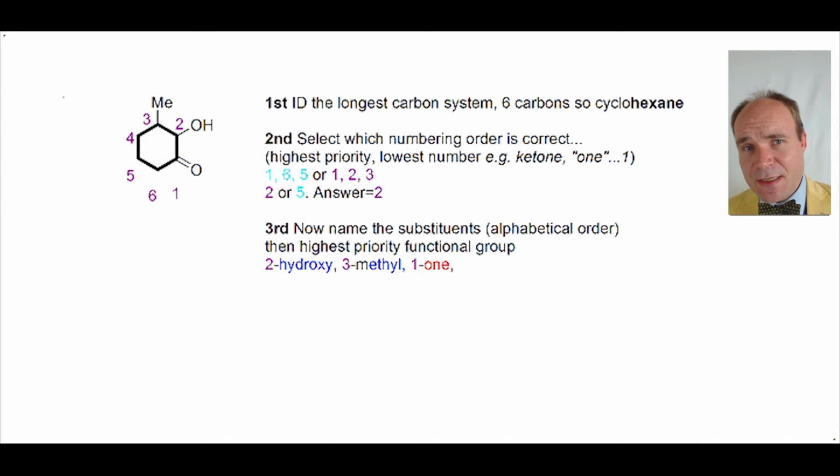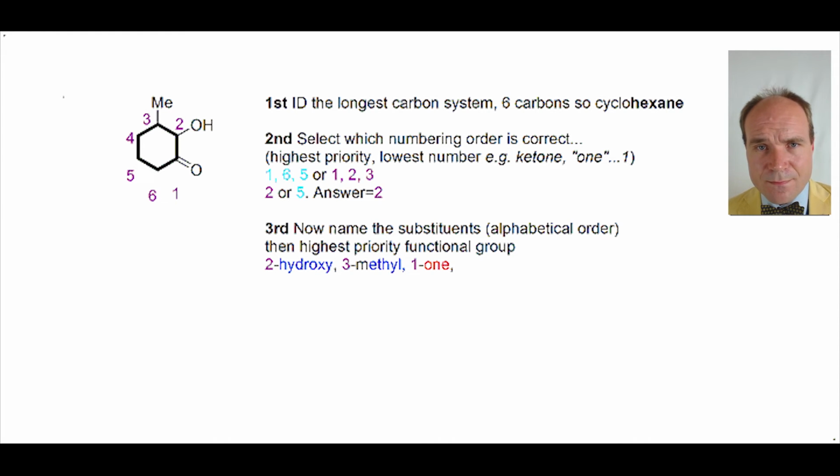We've already established that the ketone is the highest priority functional group in this case. So we're going to call that one, and one appears after the parent name as a suffix. If, in another example, the ketone were a lower priority functional group, it would be called oxo, and that would appear before the parent name. That's not the case here.